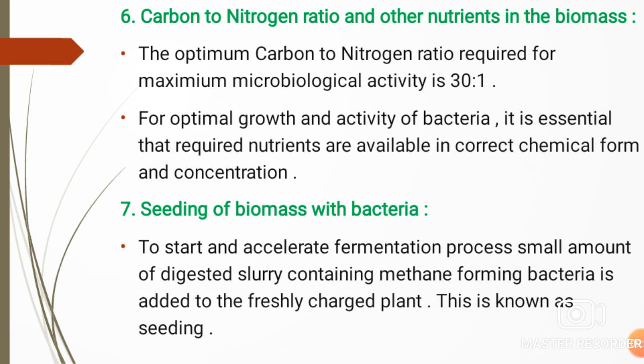So this process is known as the seeding process, and then the next process will take place. So this is the seeding of the biomass with the bacteria.